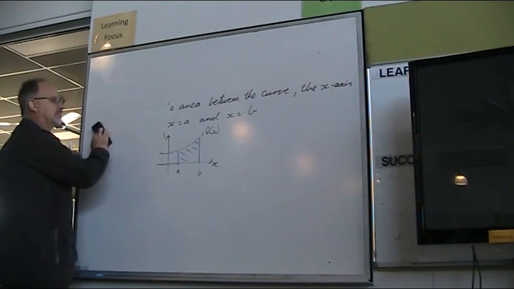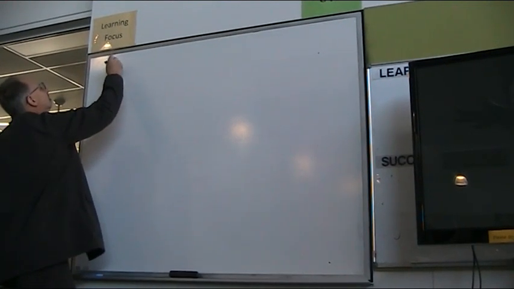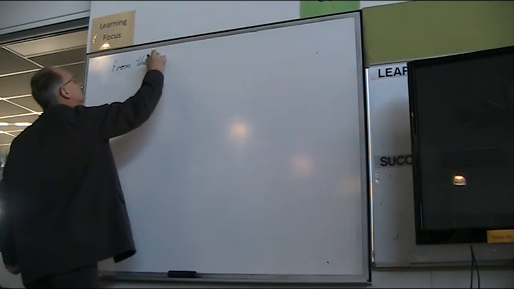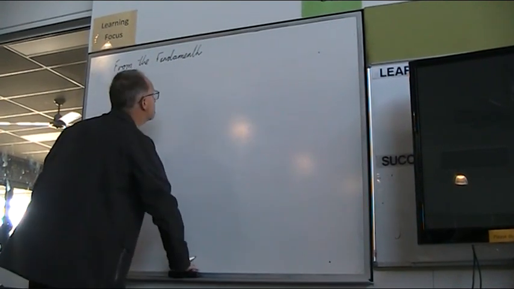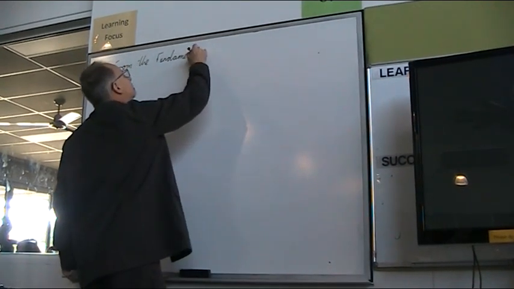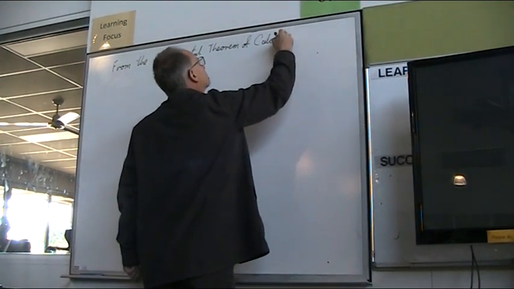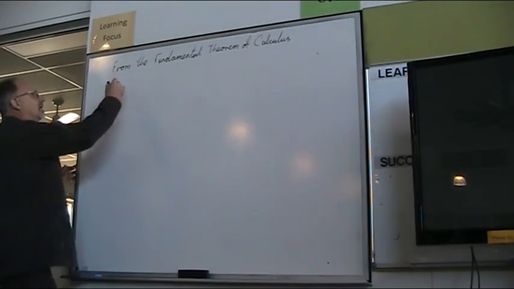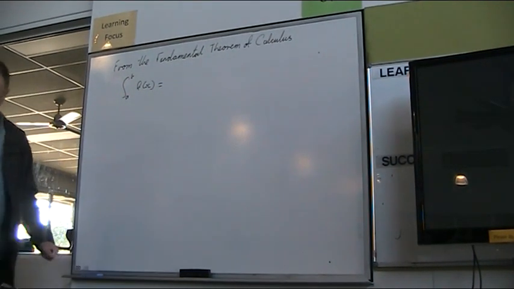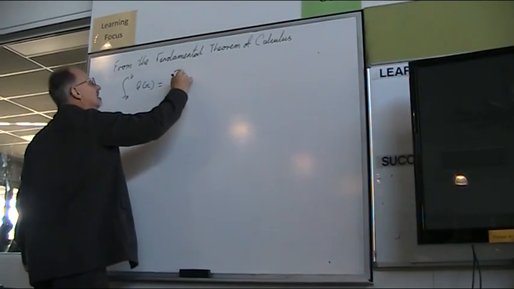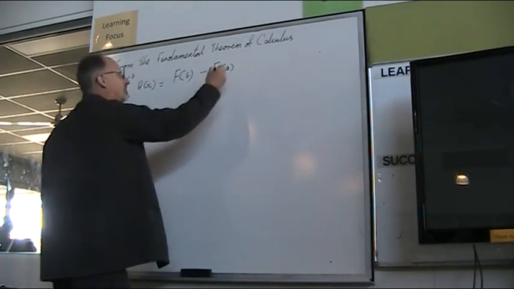So from the fundamental theorem of calculus, the integral from a to b of little f(x) is equal to big F when you substitute b in, minus big F when you substitute x equals a in.